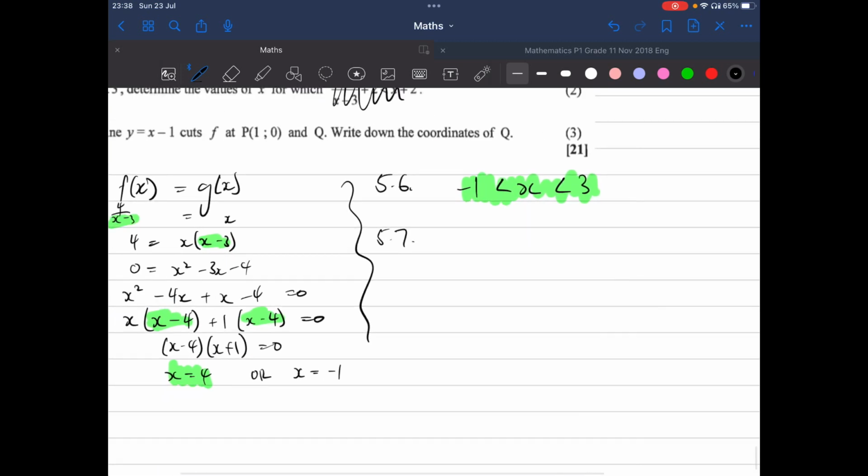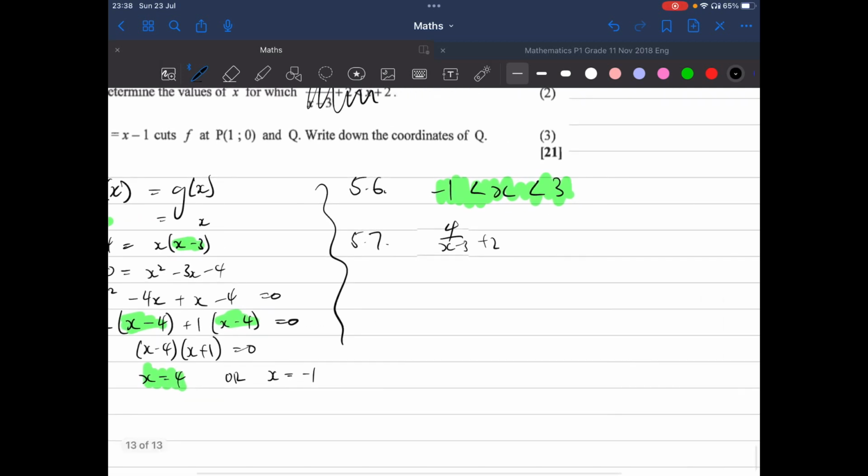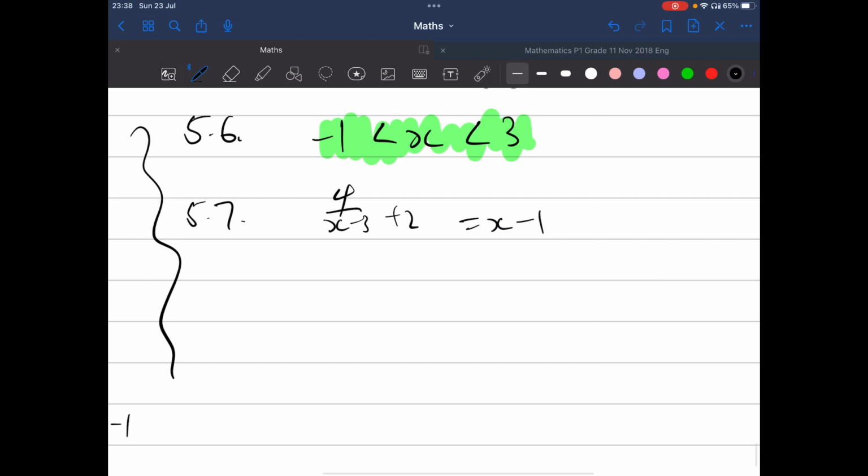So again, we're just going to equate f of x to that line y equals x minus 1.